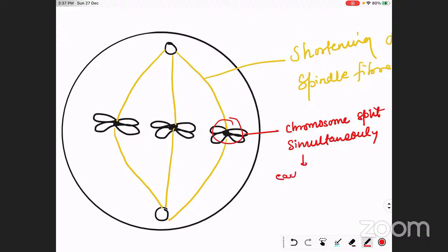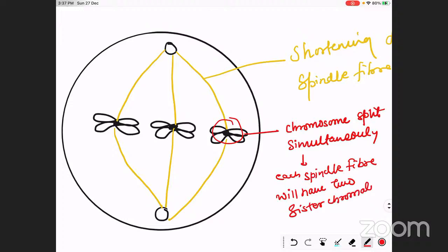Each spindle fiber will have two sister chromatids. How it will look, I will show you after some time.